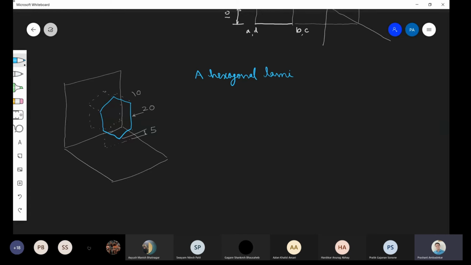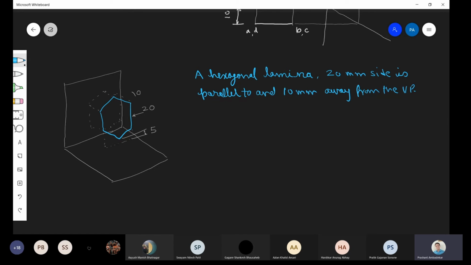Hexagonal lamina means a plane. 20 mm side is parallel to and 10 mm away from the VP. Okay, is this clear to all of you? This part of the question? Yes, sir. Okay, who will tell me the next sentence?